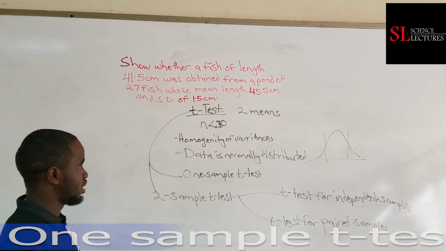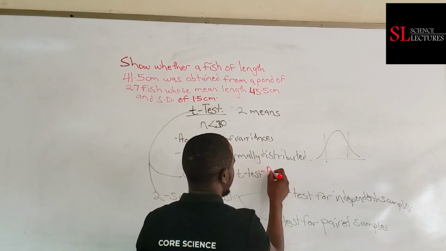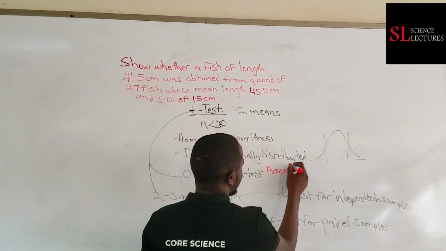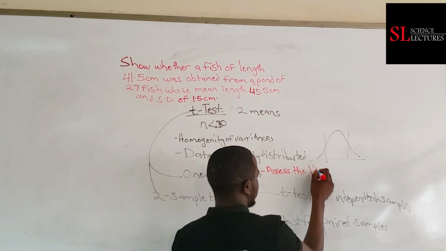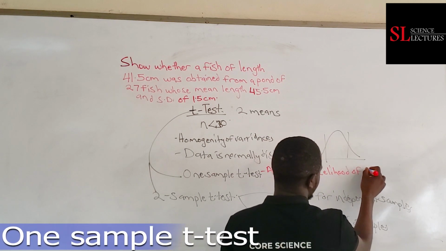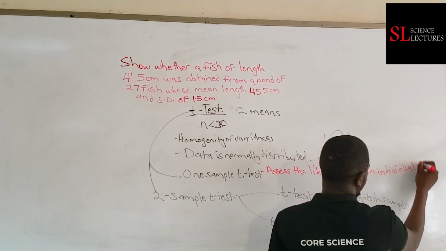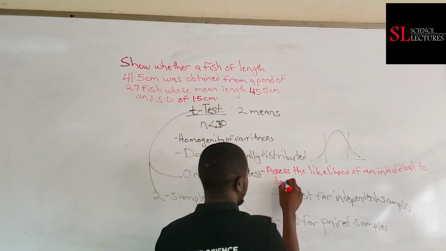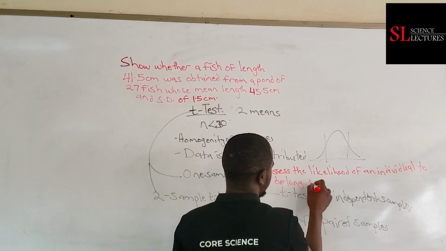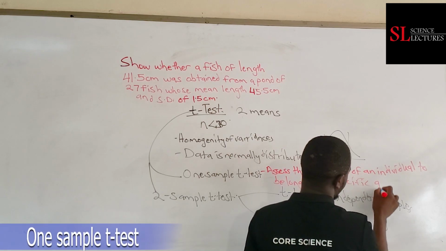A one sample t-test is the one used to assess the likelihood of an individual to belong to a specific group.